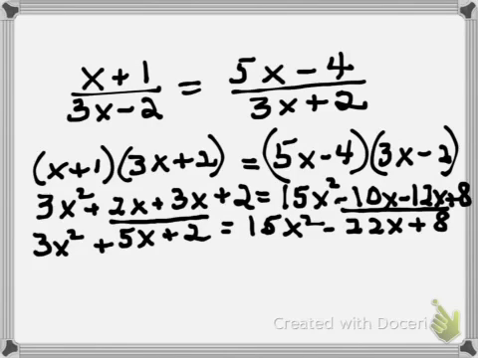Now I have a quadratic equation. So now I need to get all of the terms to one side and set it equal to 0. So I'm going to move everything to the right. So I'm going to subtract 3x squared, I'm going to subtract 5x, and I'm going to subtract 2.